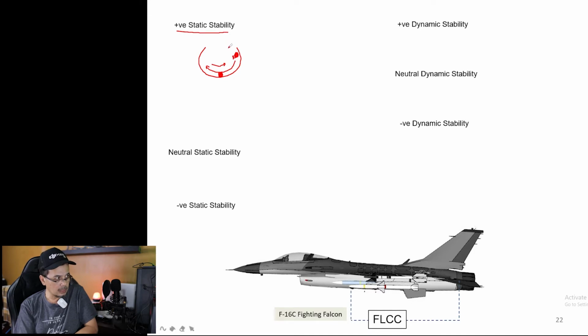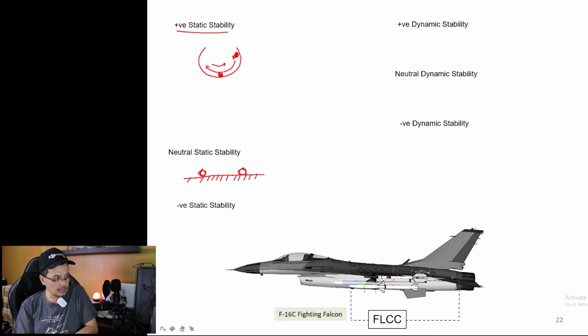Bila kita kata neutral stability, consider if we have the ball and then we move that ball to some other place, so they will stay at that place. Dia tak move, so they will stay where it is placed. Whereby yang kat atas tadi, they will swing back and forth, and then be at equilibrium at the center.